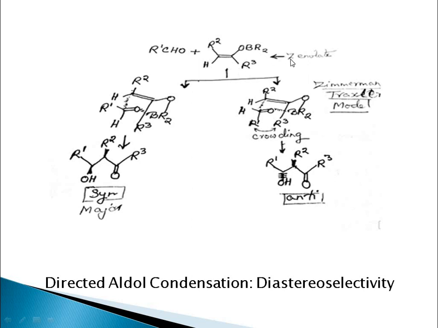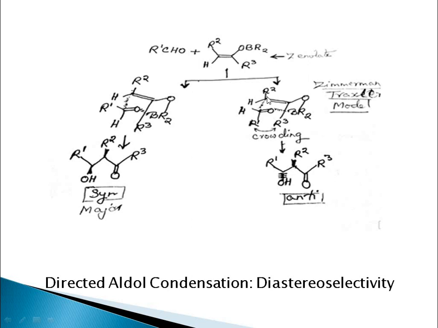Now this Z enolate, which is major, is separated, and when it reacts with R1CHO, the aldehyde, these are the transition states formed with the Z enolate. Showing the Zimmerman-Traxler model, we are all familiar with the cyclohexane chair form.